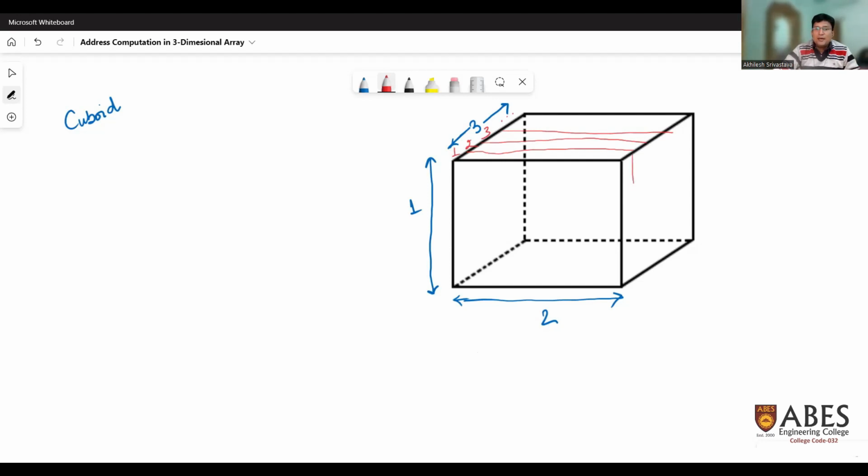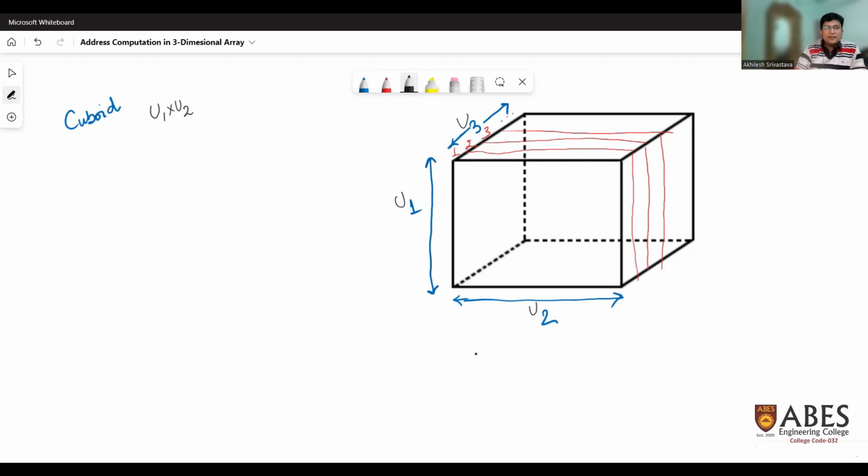Hence, it will be like we are cutting bread slices, and the size of the bread slices will be the first dimension multiplied with the second dimension. Let's denote the first dimension as u1, the second dimension as u2, and the third dimension as u3. Then the sizes of the slices that we are cutting will be u1 cross u2.